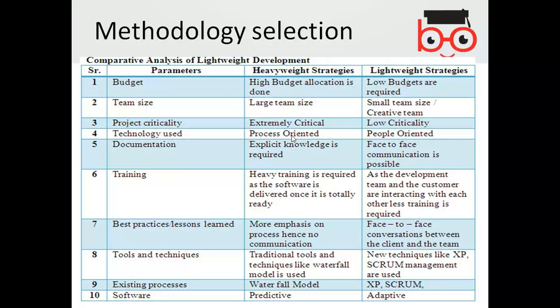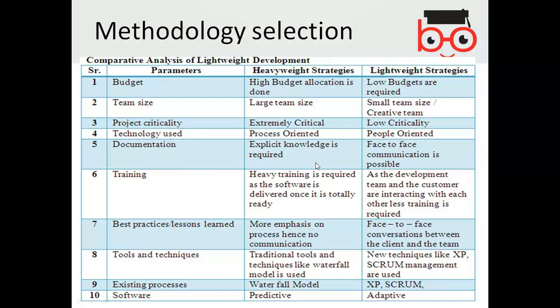However, if it is a lightweight process, then it will be the responsibility of the people to quickly produce something based on whatever the available resources are. It depends on the sharpness of the people, that how they produce as a lightweight strategy, using the minimum technology, but the people attraction is more over there, while the technology used in the heavyweight, it is basically the process, and the process is really dependent on exact resources used.